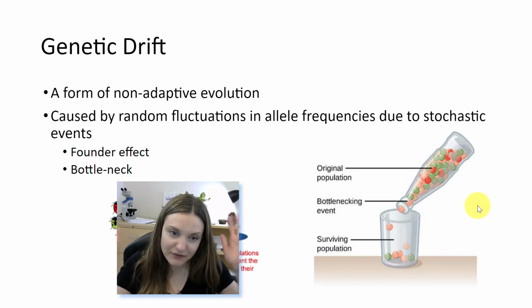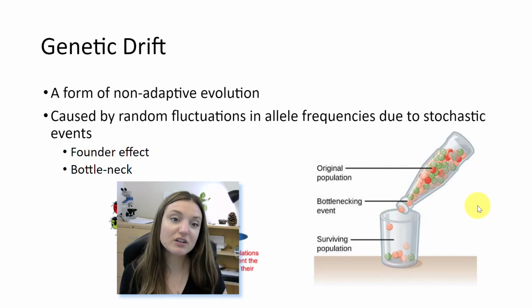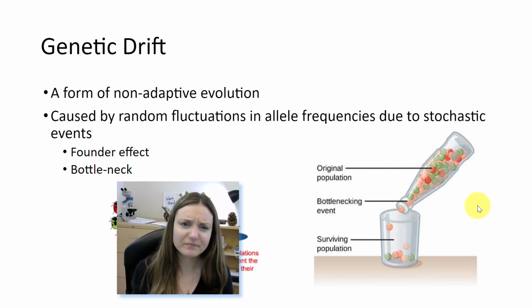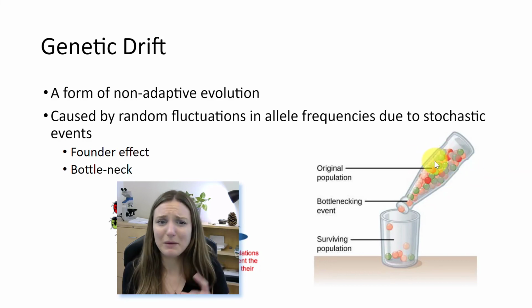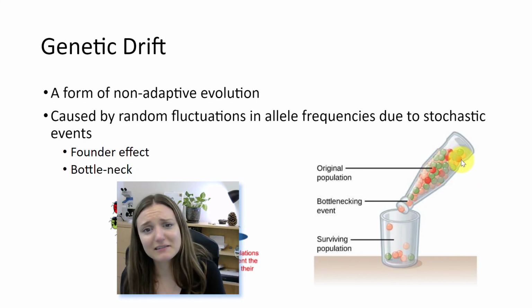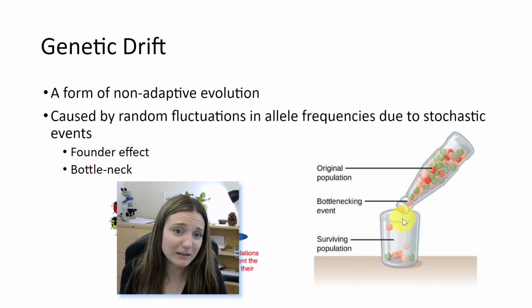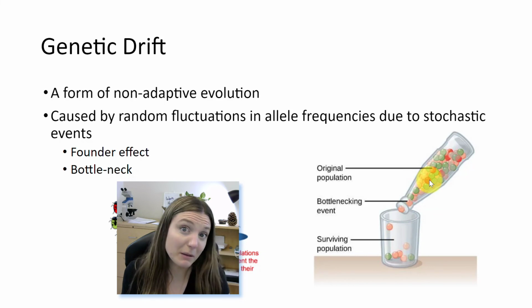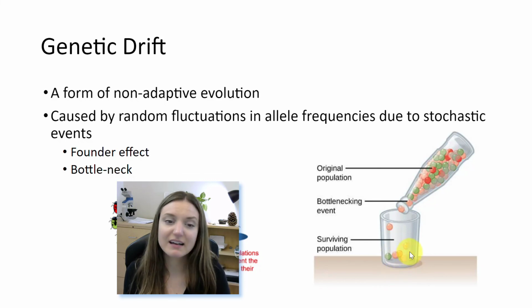And so we significantly reduce the genetic diversity of a population after a bottleneck event. If in our original population we had maybe a third red alleles, a third green alleles, and a third orange alleles, maybe after that bottlenecking event, just due to random chance, none of the red alleles made it through, okay? That leaves our population with lower genetic diversity and an overall smaller population.